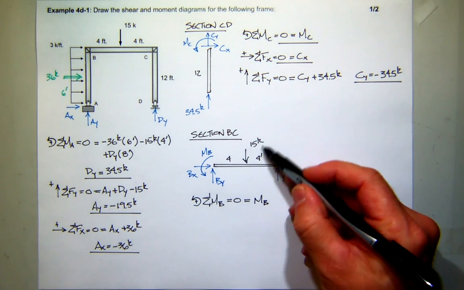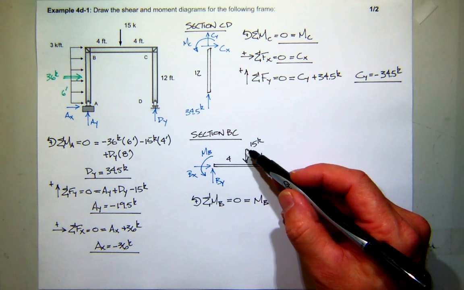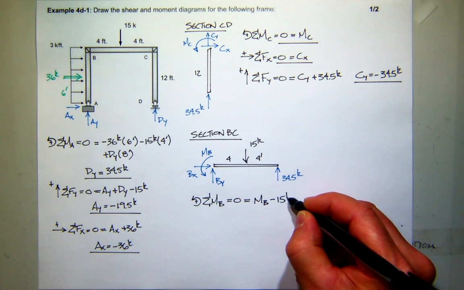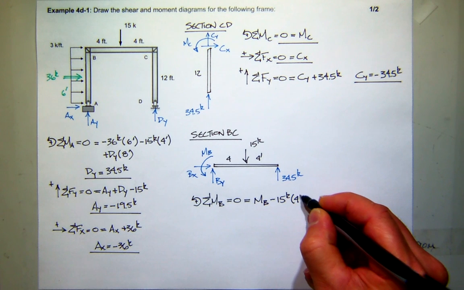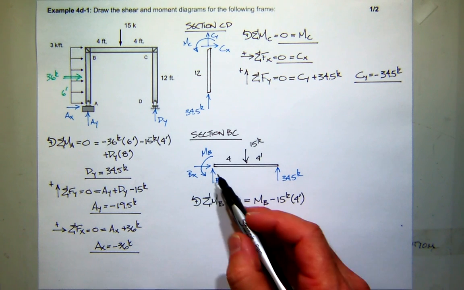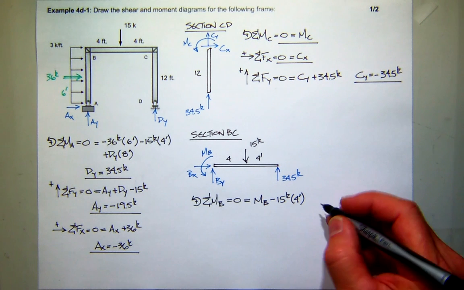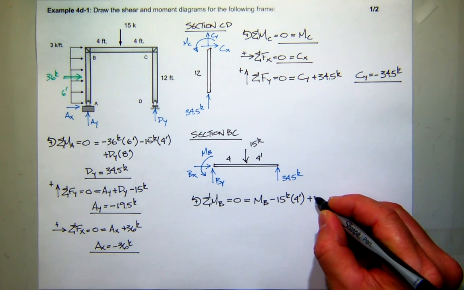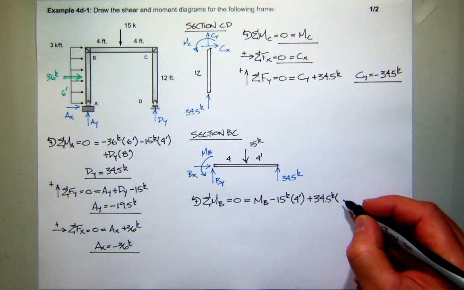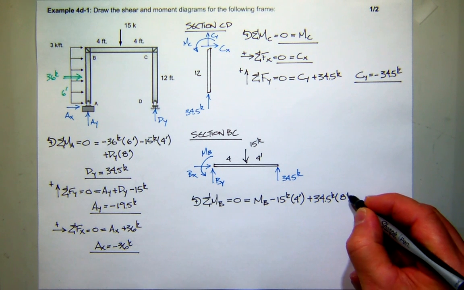This 15 kip force about B, is it positive or negative? Negative. So that'll be force 15 times distance 4. And then this guy over here is going to create positive or negative moment about B? Positive. And that's 34.5 kips for the force, and the moment arm is 8 feet.